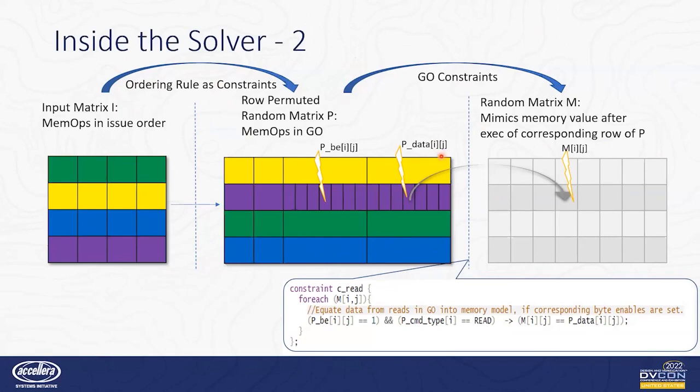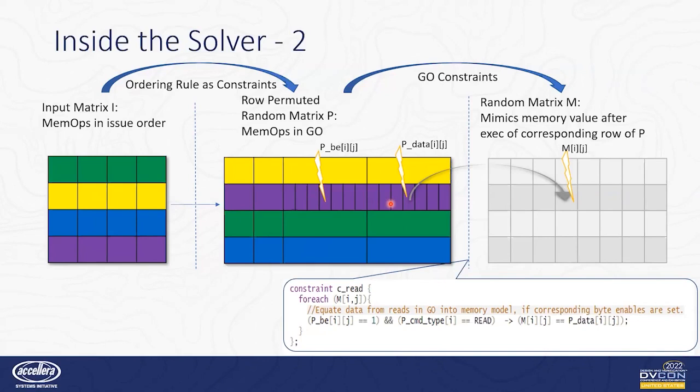But how do we write constraints to make sure that the rows of P are indeed in global order? This would have been a very trivial problem to solve if all the rows in P were memops with single-byte reads or writes, because in that case, the property for global order would be: if row I of P is read, then it would just get the data from row I minus 1 of P. It doesn't matter if row I minus 1 of P is read or write, this property would hold.